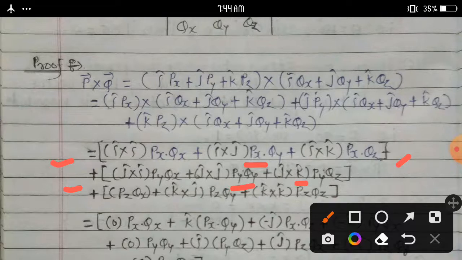And third term, multiplying these brackets: k cap cross i cap pz qx plus k cap cross j cap pz qy plus k cap cross k cap pz qz.